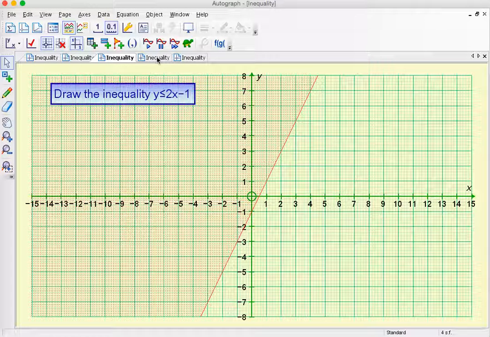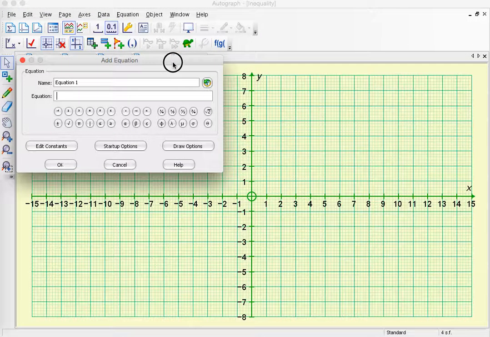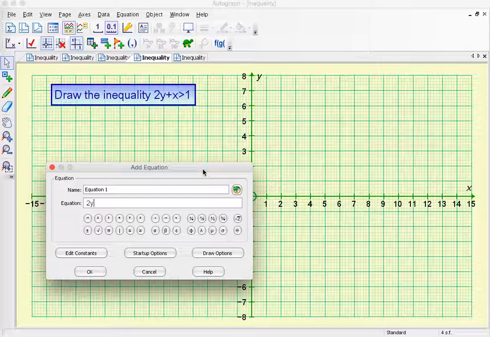Now sometimes you get lines like this. And on this program, I always just concentrate on looking at the y. This line I'm concentrating on, and I'm looking at y. 2y greater than. So if I was to rearrange it, the y would be greater than. So I'm going to try and type that equation in again, as it is, 2y plus x less than 1.